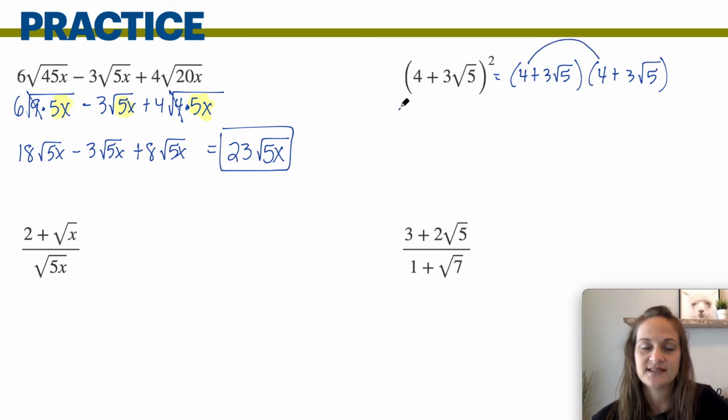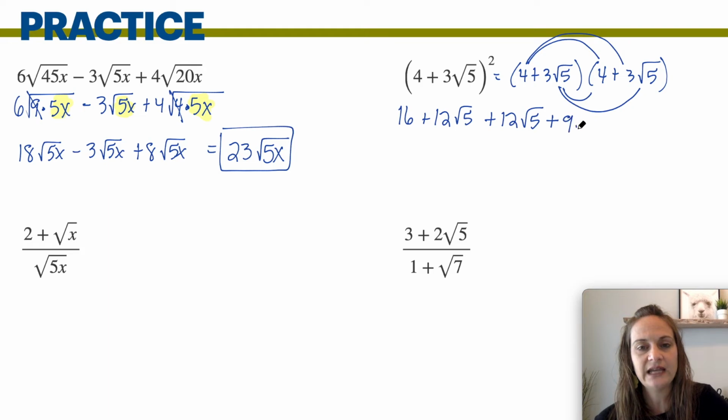4 times 4 is 16. 4 times 3 square roots of 5 is 12 square roots of 5. This will give me another 12 square roots of 5. And then 3 square roots of 5 times 3 square roots of 5 will give me 9 square roots of 25, because 3 times 3 is 9, 5 times 5 is 25. The two middle will combine to give you 24 square roots of 5.